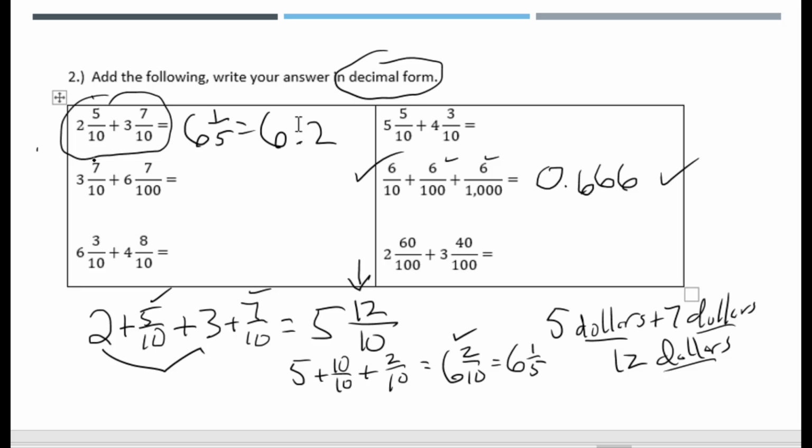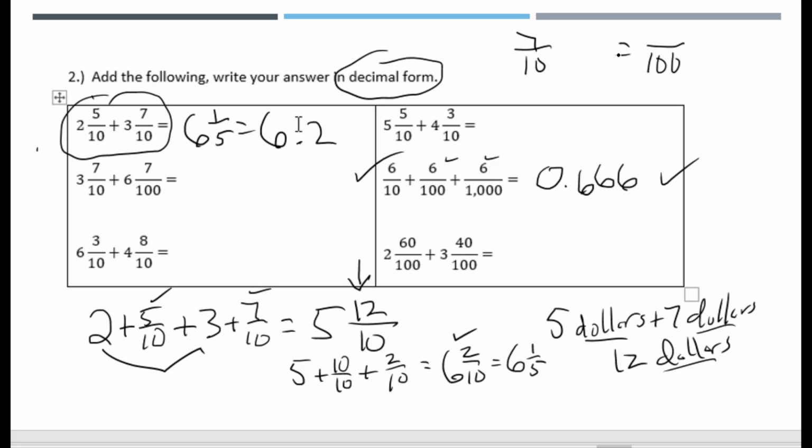This one here, you're going to have to make 7/10 into hundredths. You can't add cats and dogs. You can't add tenths and hundredths. You're going to have to change tenths into hundredths. It's one way of doing it.